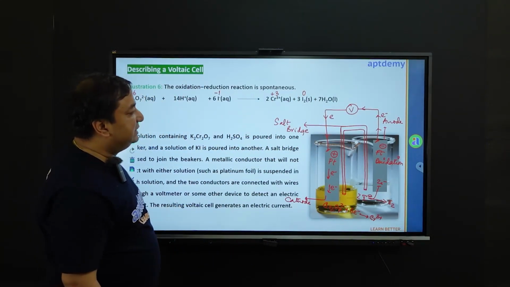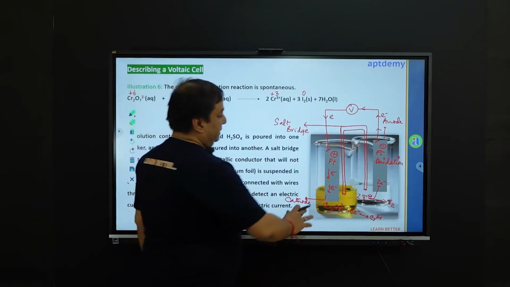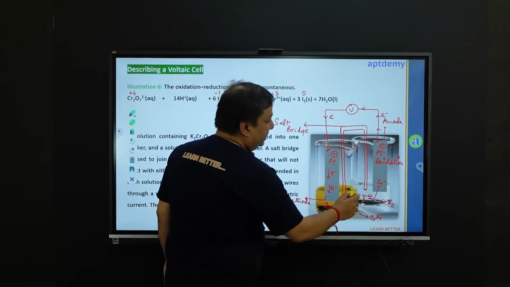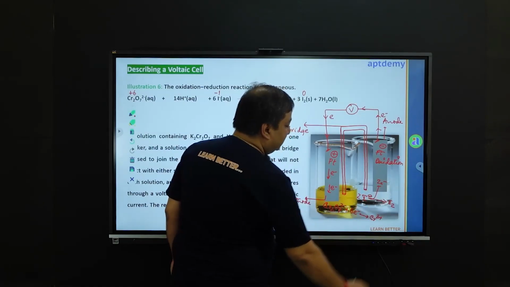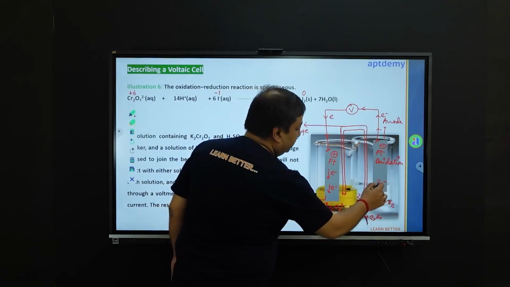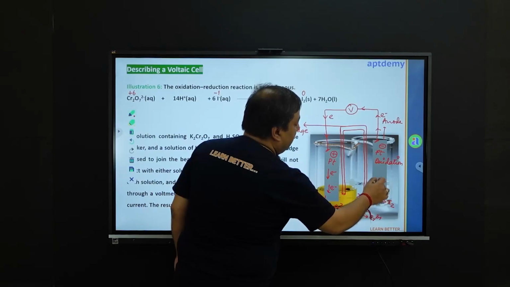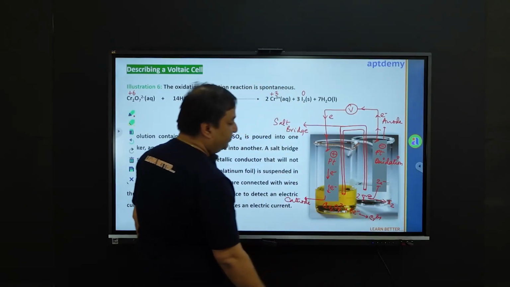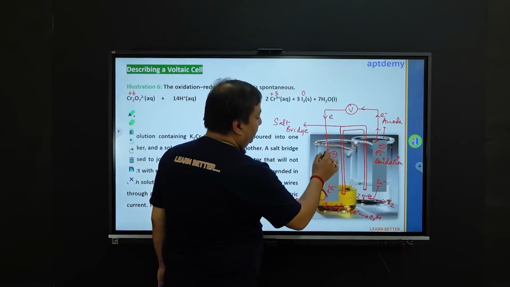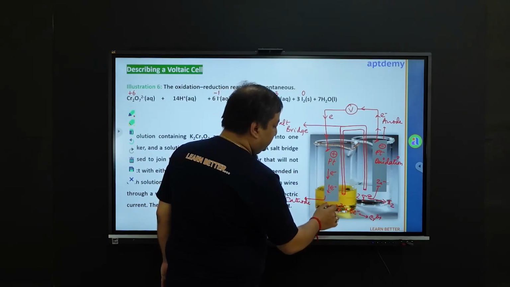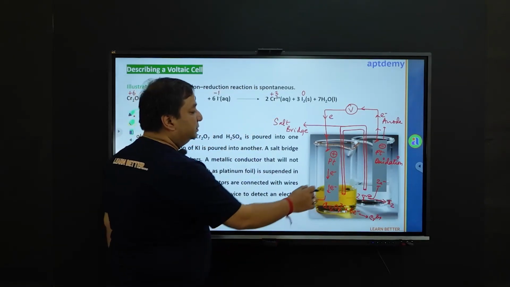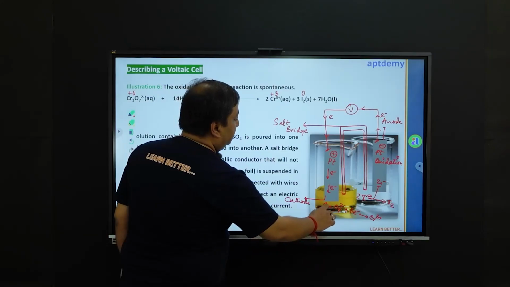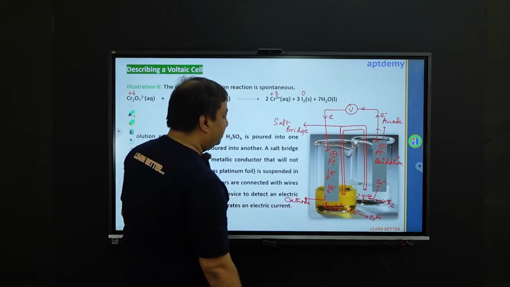So this is the reaction. Over here the anions will be moving towards the anode, and the cathode will be reducing the dichromate ion to its other oxidation state, that is chromium 3 plus.